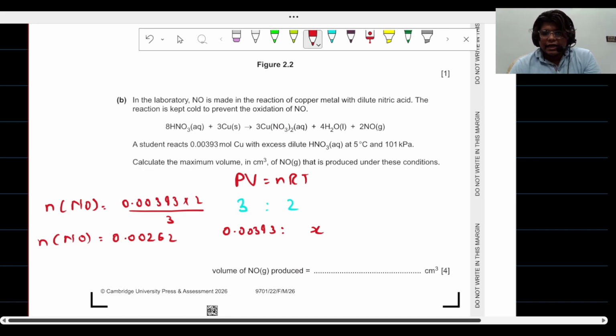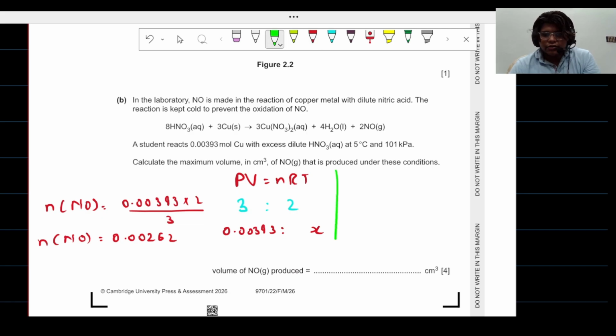Now using the ideal gas equation, I will find the volume, right? So pressure is 101 kilopascals, so you can use 101 multiplied by 10 to the power 3, because the unit should be in pascals. We need to find the volume, right?